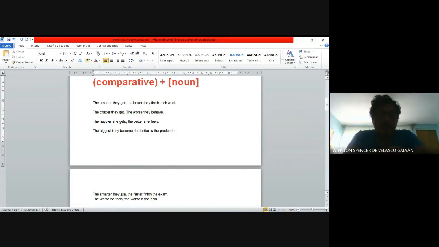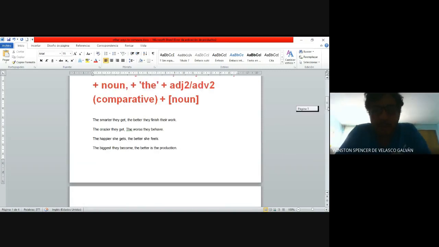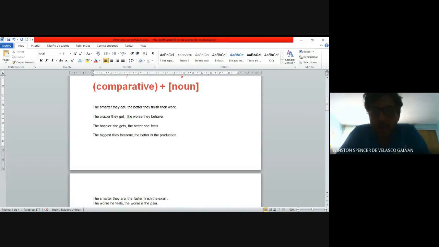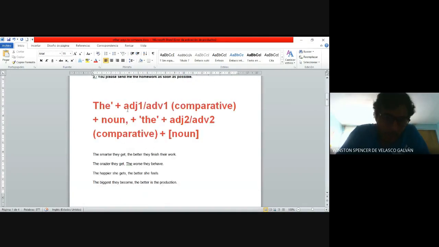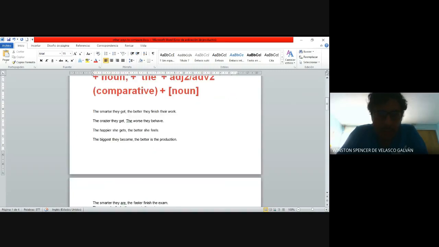Mientras más grande se vuelve, en este caso la empresa, mejor es la producción, ¿vale? Creo que con esos ejercicios ya queda claro, ¿no? Tal vez se ve un poco confusa la estructura, pero creo que con los ejemplos ya queda demasiado claro, ¿no? Confirmen por el chat, por favor.